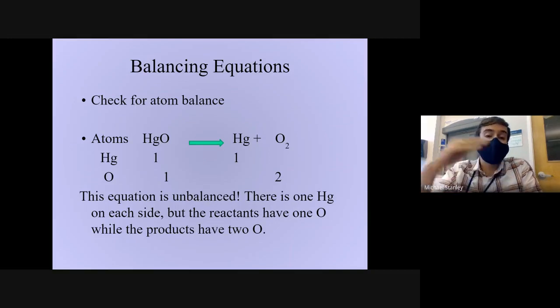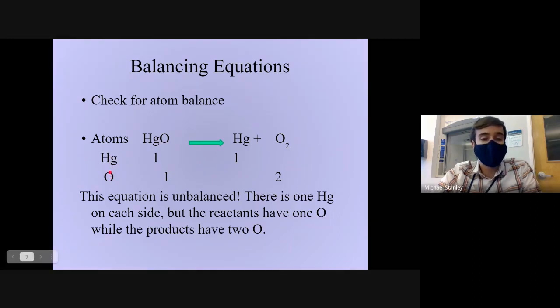First things first, let's figure out how many of each atom are on either side of the equation. We have our reactant side over here and our product side over here. What I like to do is write down the different atoms involved. In this reaction, Hg and O are our two different atoms.